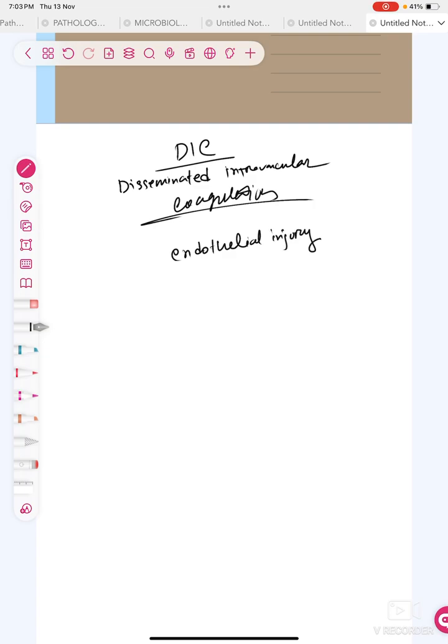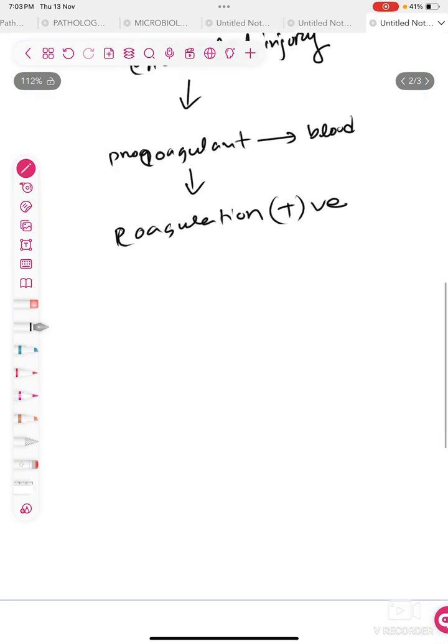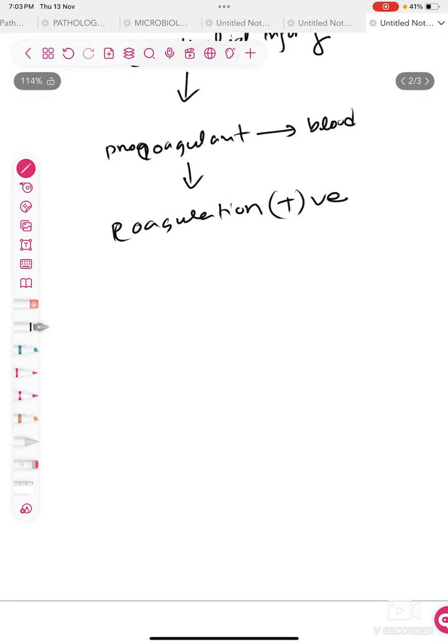The endothelium contains many procoagulant factors, and these procoagulants are released into the blood. So there is activation of the coagulation pathway.